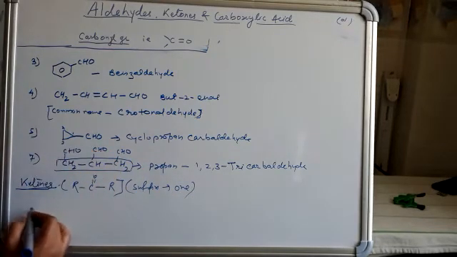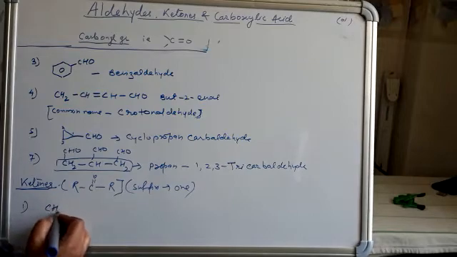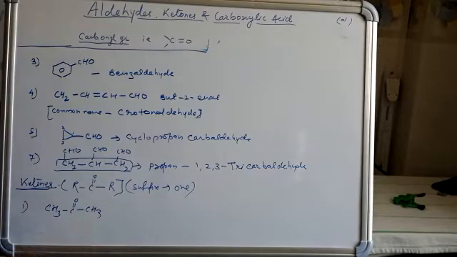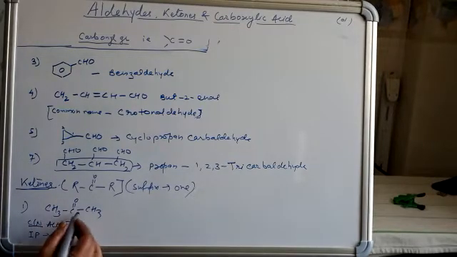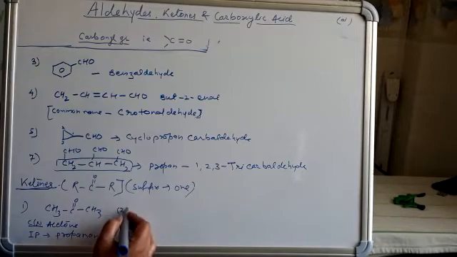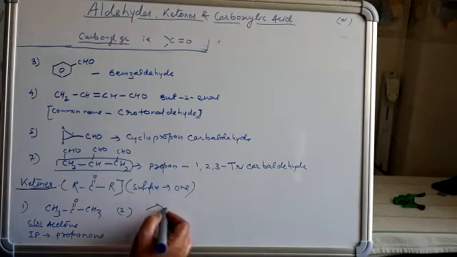Simply, at first, alkyl group: CH3-CO-CH3, the common name is acetone, and the IUPAC name is propanone, 1, 2, 3.